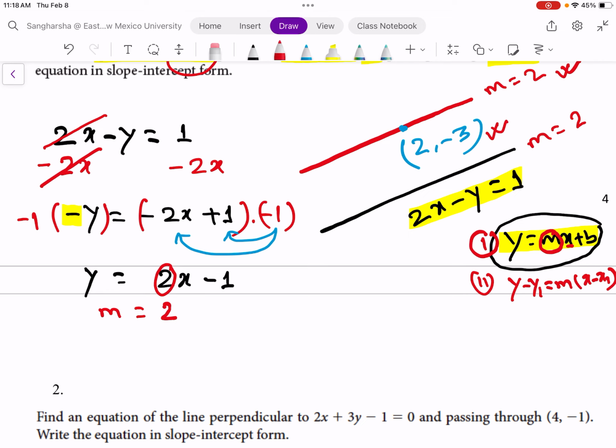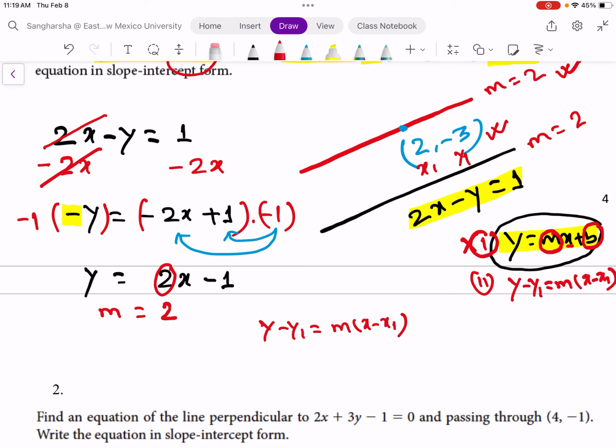In order to use the slope intercept form, we don't know what b is. So we can't use the first one, so let's use the second one. Let's call our 2 x1 and negative 3 y1. Now here we have y minus y1 equals m times x minus x1. We know x1, y1 and m.